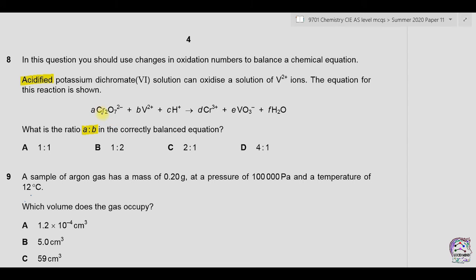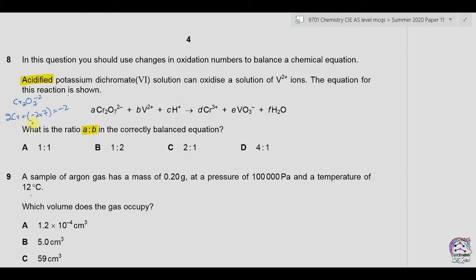Now let's first find out the oxidation state of chromium on the reactant side and the product side. On the reactant side, we have Cr2O7 -2. There are 2 chromium atoms, plus there are 7 oxygen atoms. Each oxygen has a charge of -2, and the overall charge is also -2.